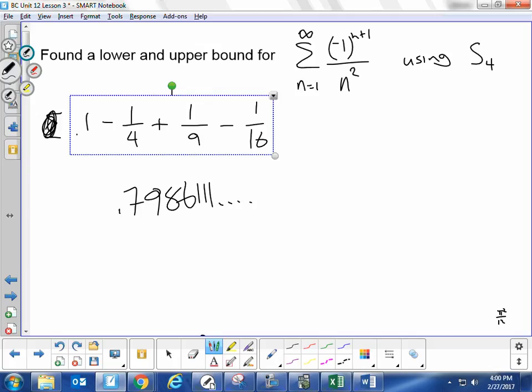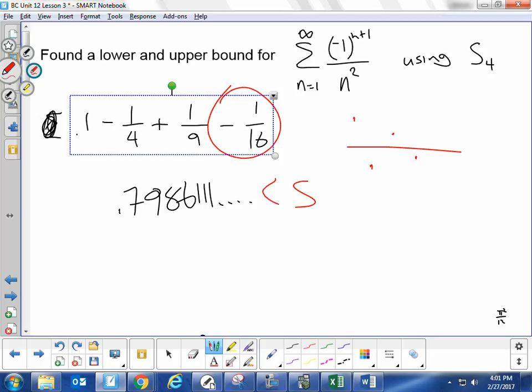Now the question is, is that going to be below or above my actual sum? Well, since I subtracted the last term, think about our partial sums. We start with 1, we subtract a fourth, we go under it, add a 1/9, then we subtract 1/16. I know that this value is definitively going to be underneath my sum.